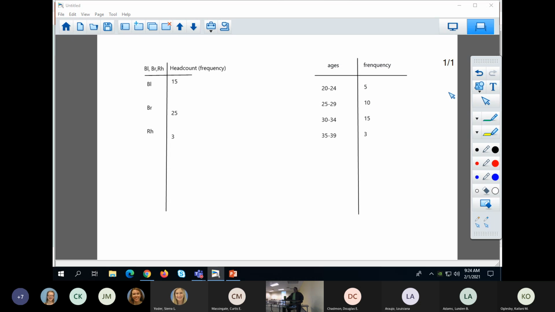Now, the reason I took all that time to do this is because I'm going to ask you a question about these two frequency distributions on a test or a homework problem.